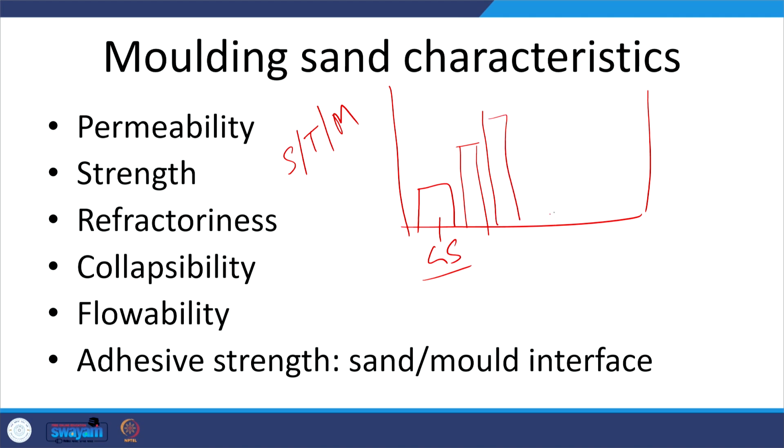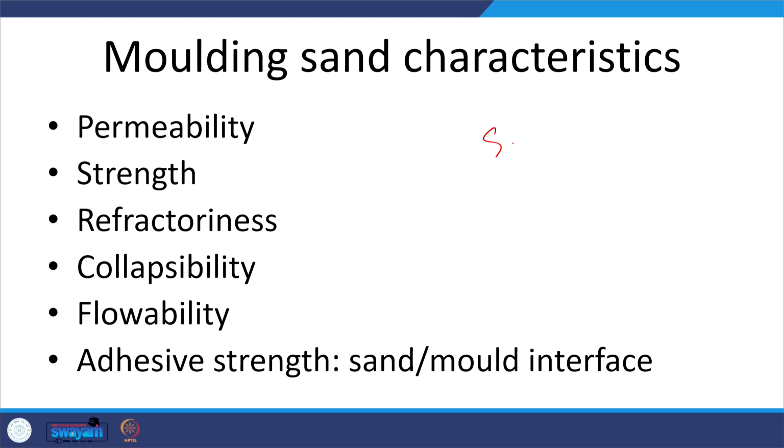On the other hand, if we talk of the hot strength, in that case the temperature is very high and strength is also high, but moisture is minimum. So, the thing is that the temperature conditions significantly affect the strength, moisture related with the green sand mold.